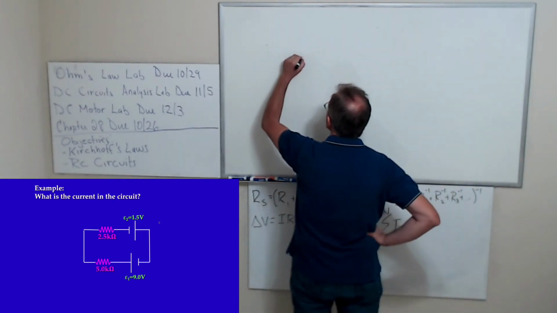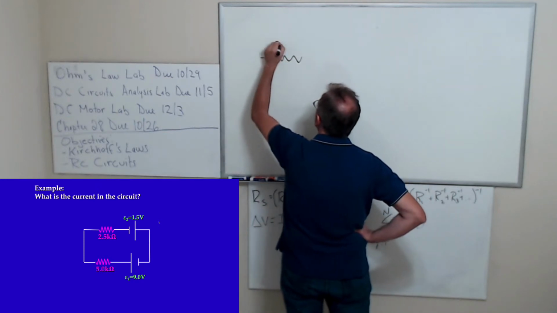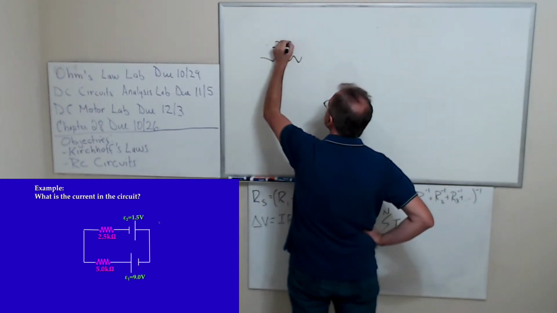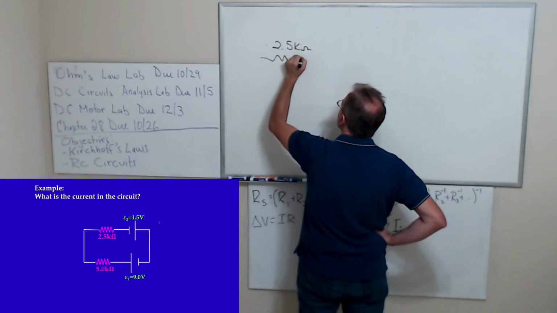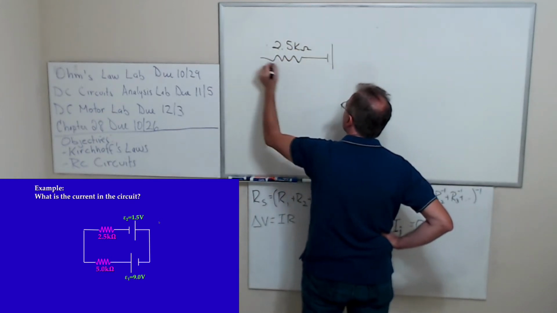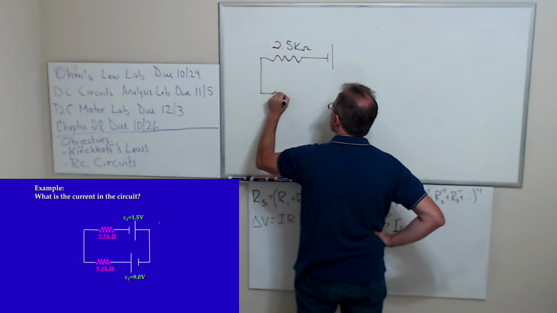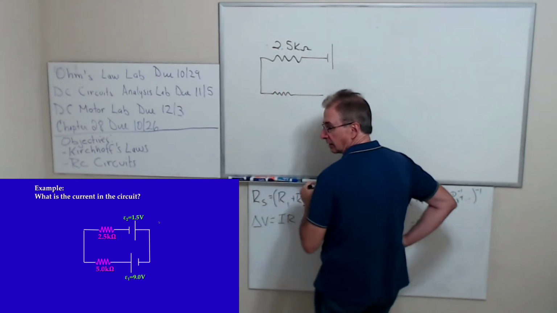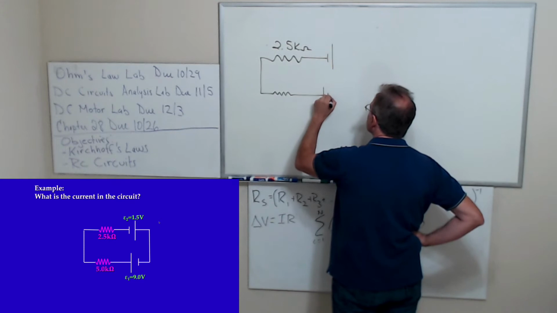I have two resistors, 2.5 kilo ohms, power supply, and then I have another resistor here, and another power supply. This one's hooked up the other direction.